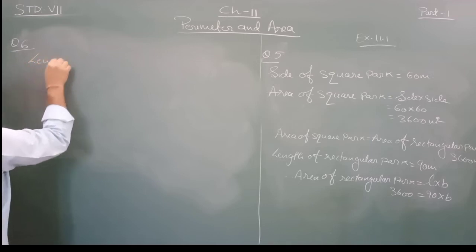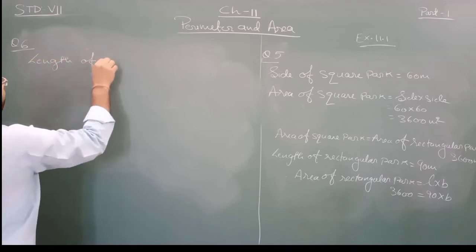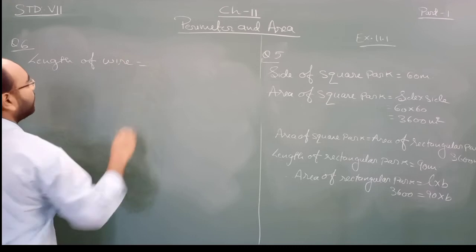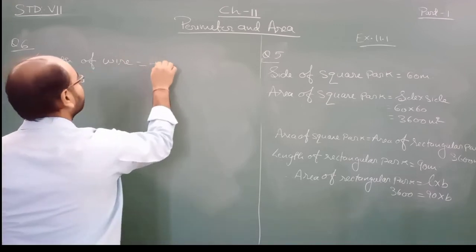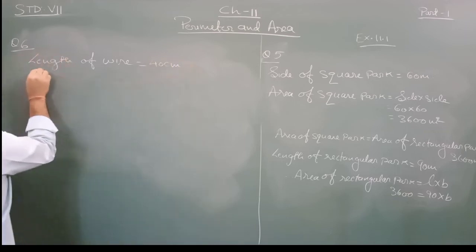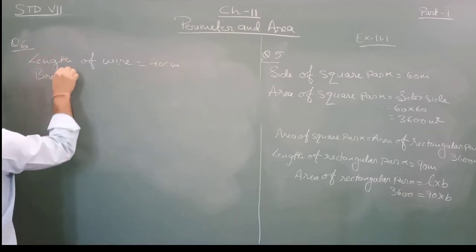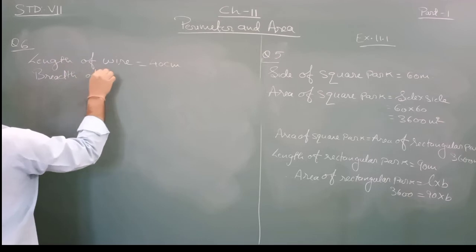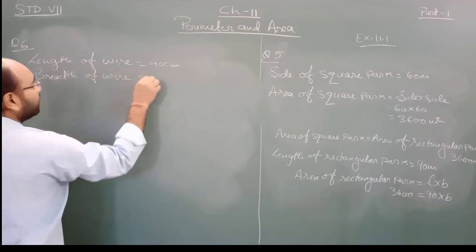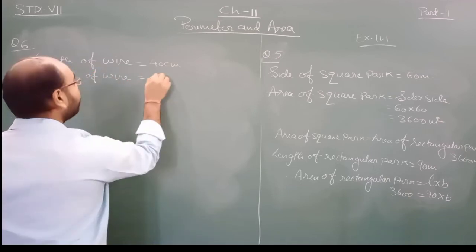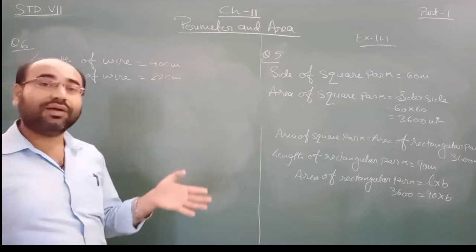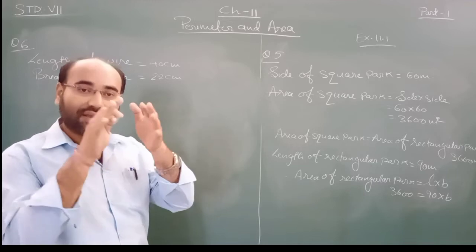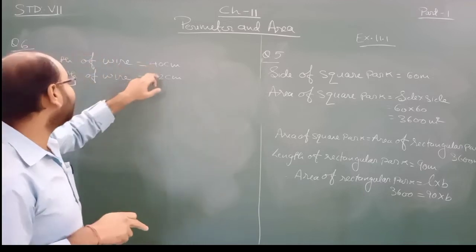Now question number 6, we say length of wire is equal to 40 centimeter, then breadth of wire that comes to 22 centimeter. अब ये जो वायर पूरा था उसको रेक्टेंगुलर शेप में करने के बाद this is the length and breadth.